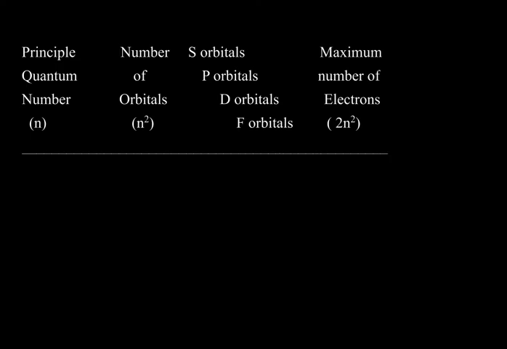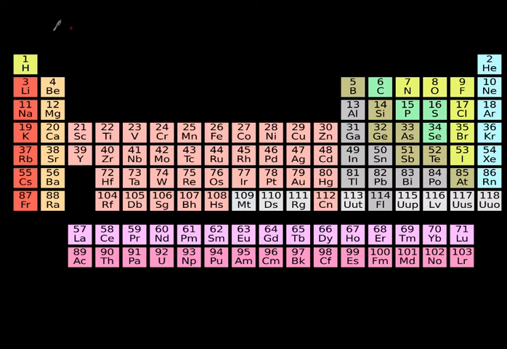So if our principal quantum number is 1, according to this formula, n squared, we should have 1 orbital available. So is that orbital S, P, D, or F? If I look at my periodic table in row 1, I have this and this.